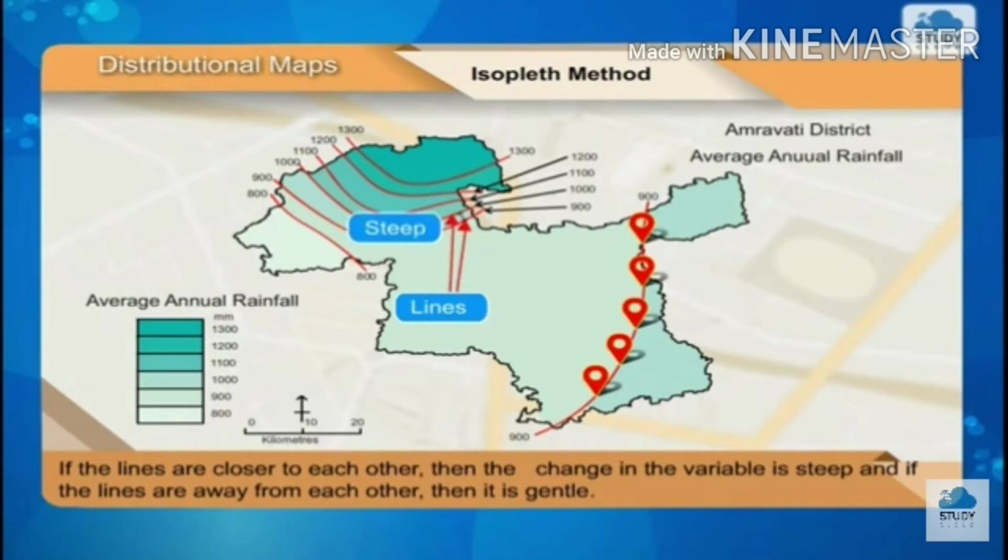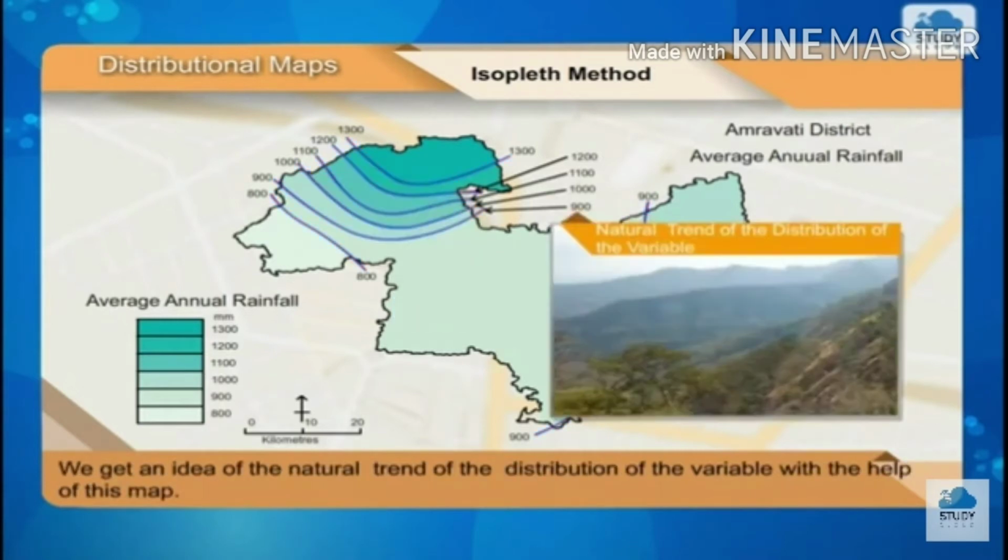Statistical data belongs to a respective place, such that the data is known as point-related data. On the basis of this information, isopleth maps are drawn by following certain steps.